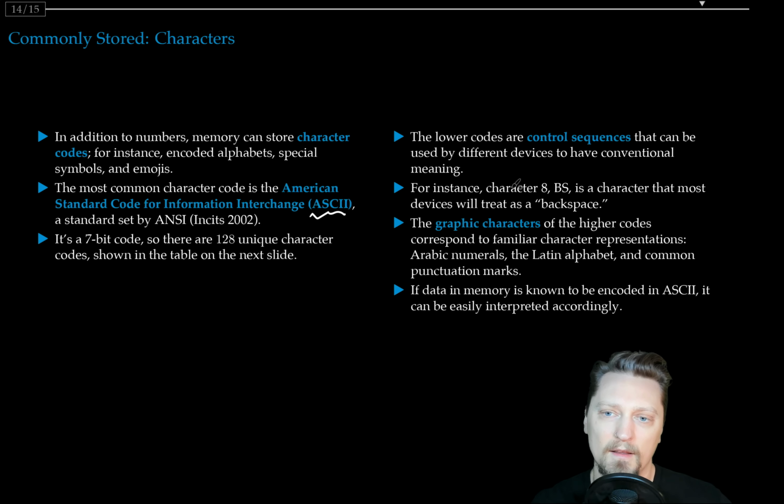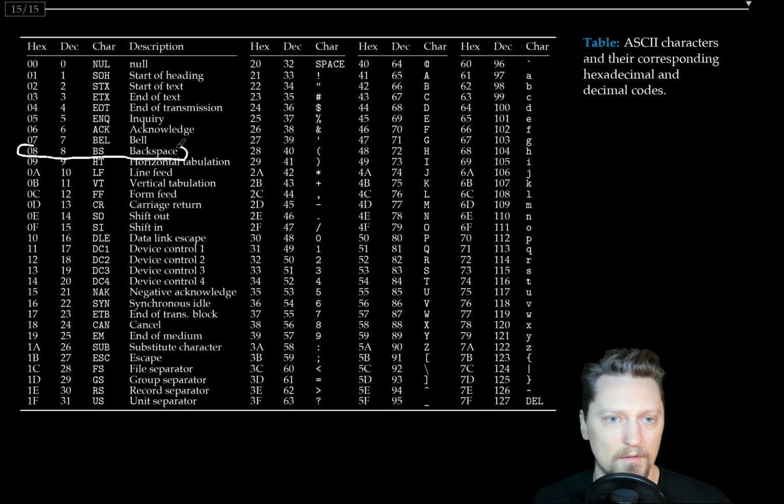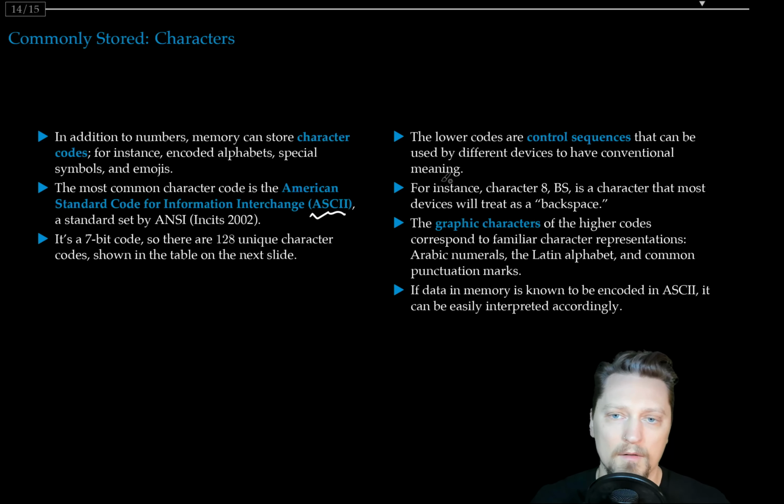For instance, the character 8, which we can look at here, is backspace. Okay, so that's the description of it. The character is abbreviated BS. It has hexadecimal numeral value 08, and in decimal we would say it is just 8. So this is a control sequence code.